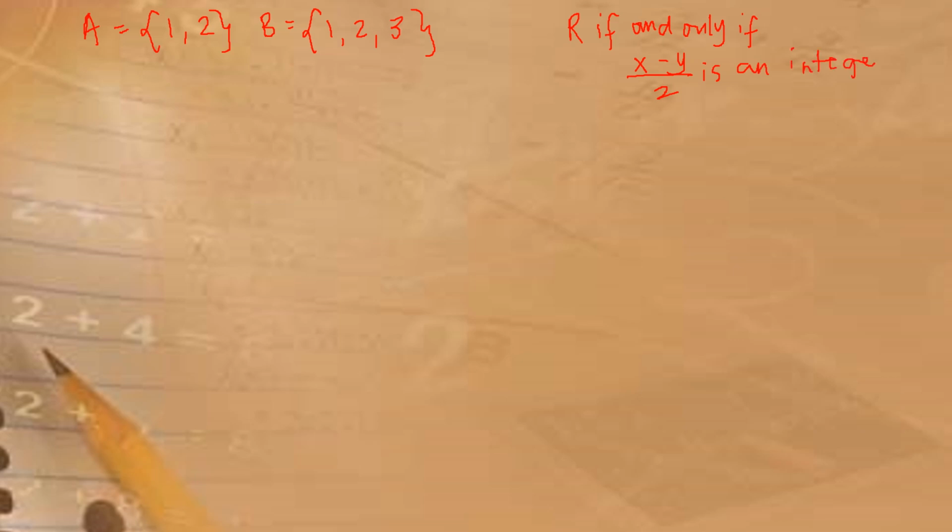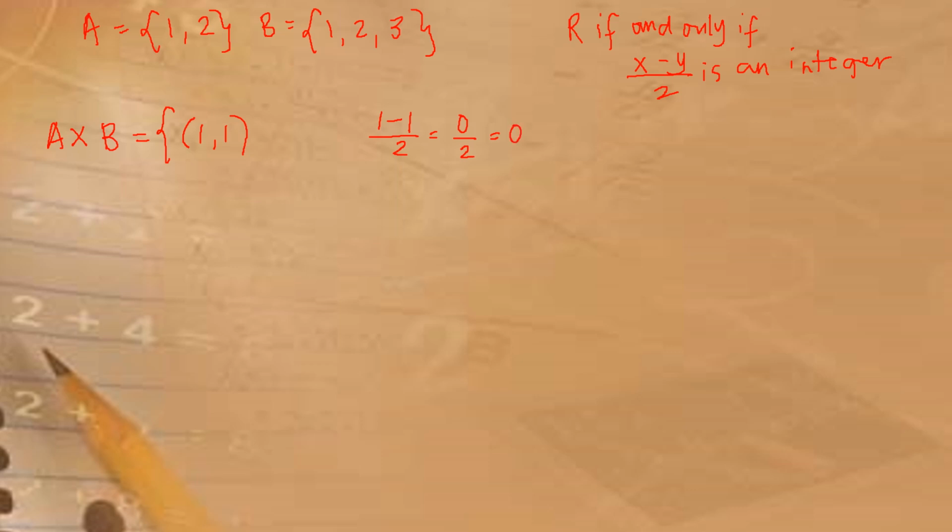So the first question is to state explicitly the elements of A cross B. We will try to list them downwards. Let's take a look first at 1, comma 1. Is this a relation? Let's try. 1 minus 1 over 2. So this is 0 over 2. 0 divided by 2 is 0.